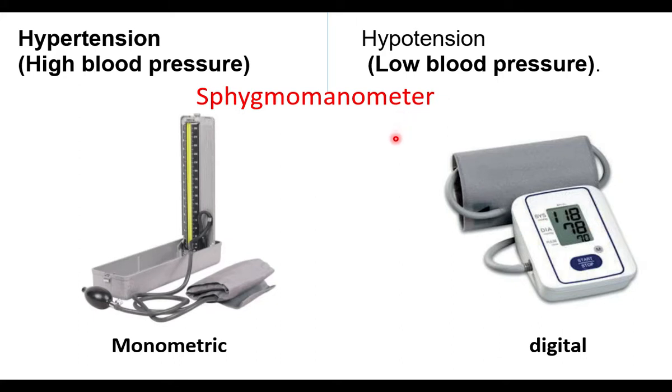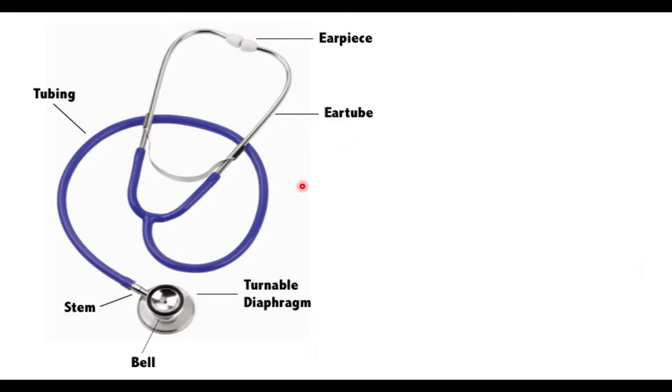Another instrument is commonly seen in hospitals and medical labs. This is called a stethoscope. This instrument is used to hear the sound of internal organs.